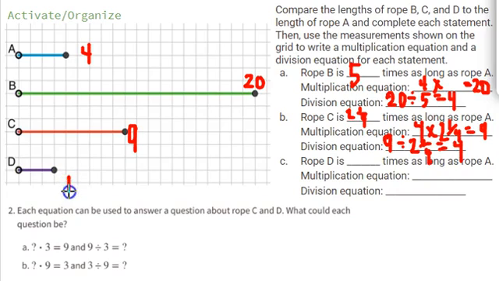What about rope D? Yeah, D is 3 long, right? D is actually 3/4 of A. Because think about it. A is 4, right?